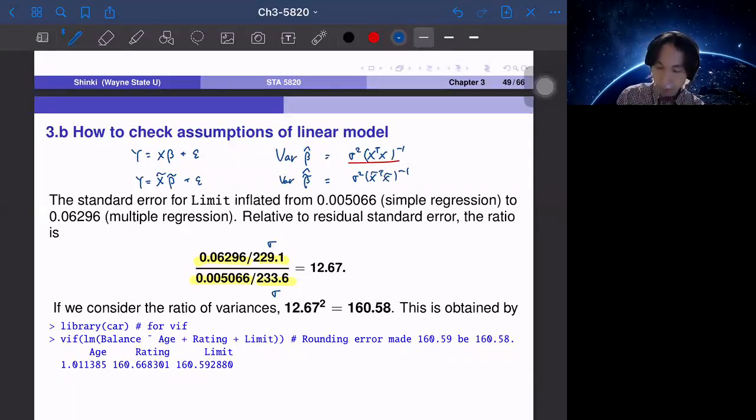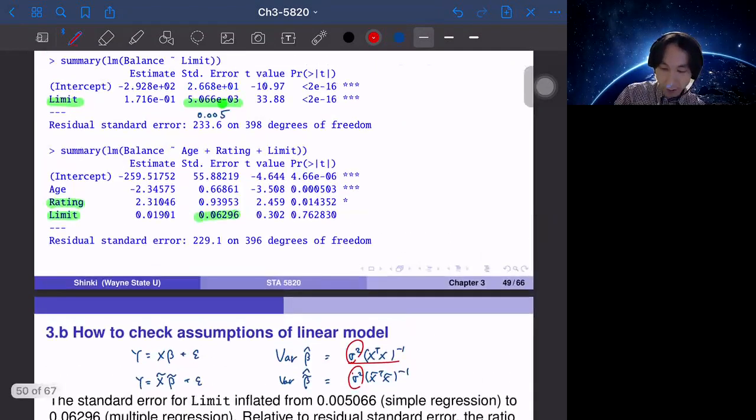If we want to relate the ratio with beta hat, we have to deal with this sigma. If we want a simple formula determined only by X or X tilde, this sigma has to be assumed to be the same, so we have to adjust for it. Sigma is the residual standard error. You can see the residual standard error here and here.